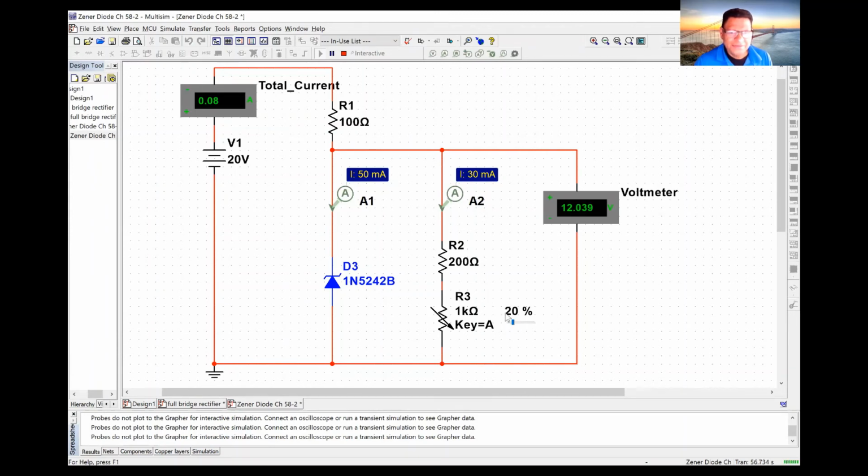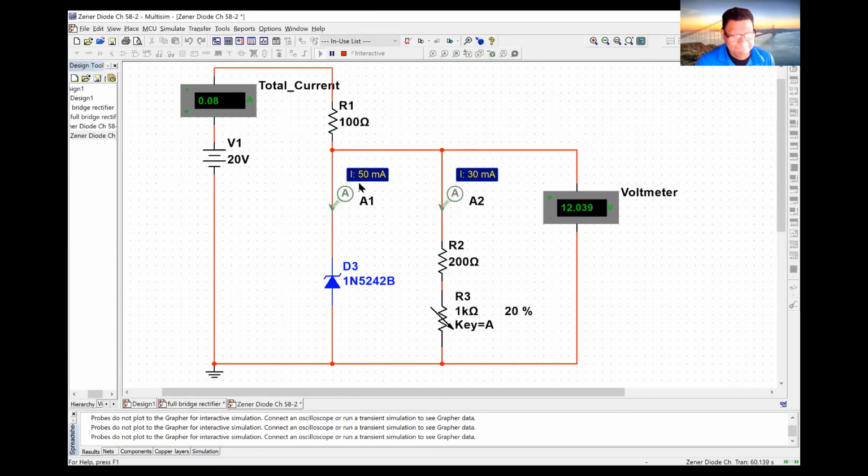As I increase my value, still the voltage remains the same. Still is going to be 12 volts. Okay, so still the total current through the circuit is going to be my 80 milliamps, but now the Zener diode is taking the excess current.